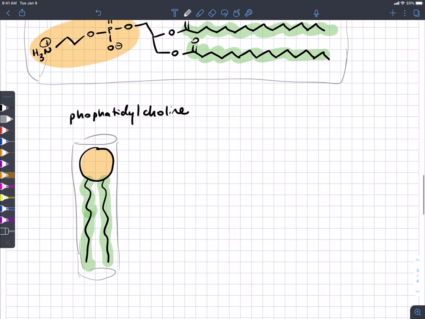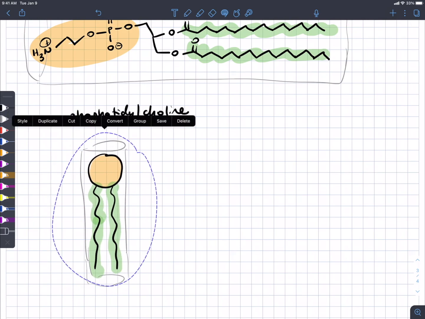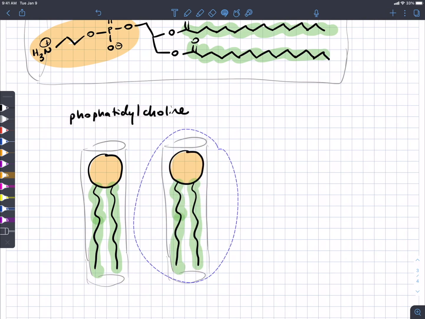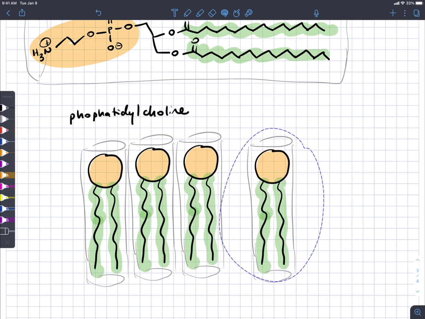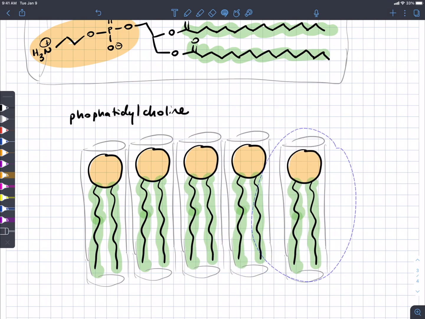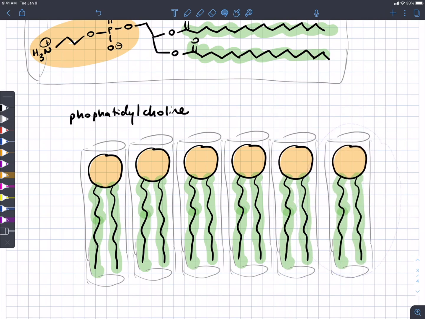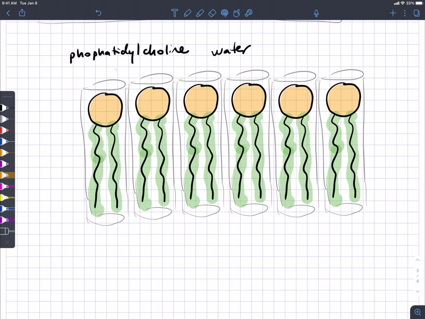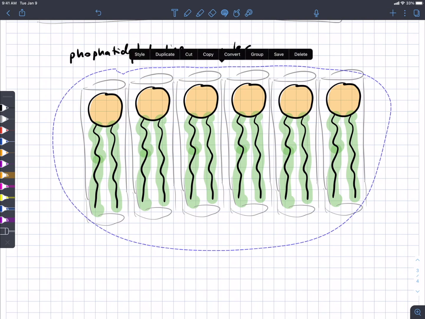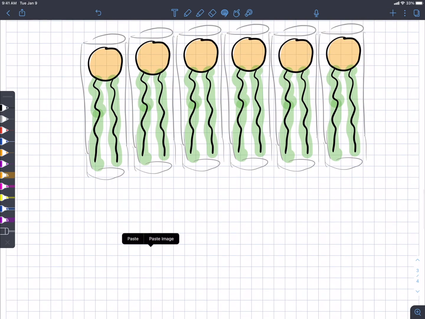In order to sequester the nonpolar stuff from solvent, these, like the fatty acids, line up side by side. But because of their cylindrical shape, there's not as much curvature. And so in order to fully sequester the nonpolar things from water, you have another sort of stripe of these lipid molecules.